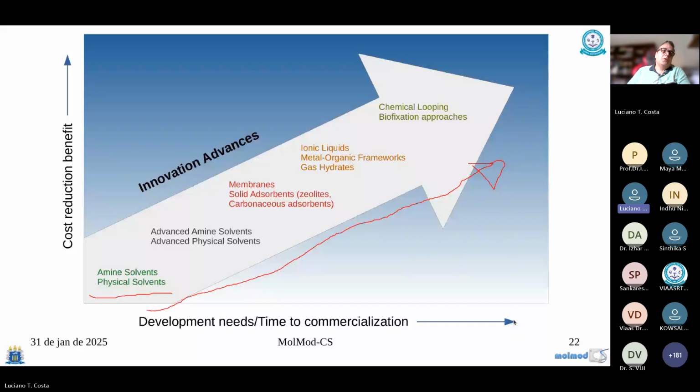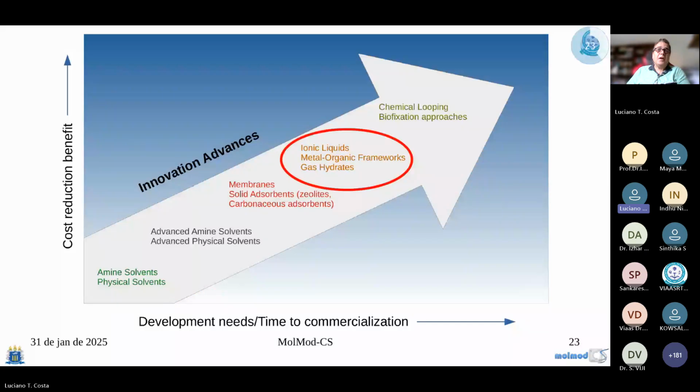So in our research group, we used for the first time ionic liquids, also metal organic frameworks, to try to capture CO2 from industrial streams, and also from the atmosphere.